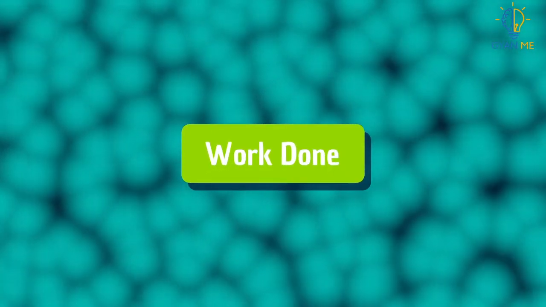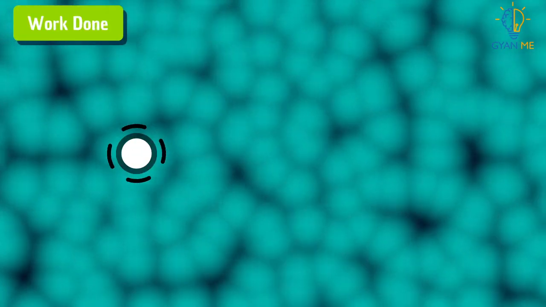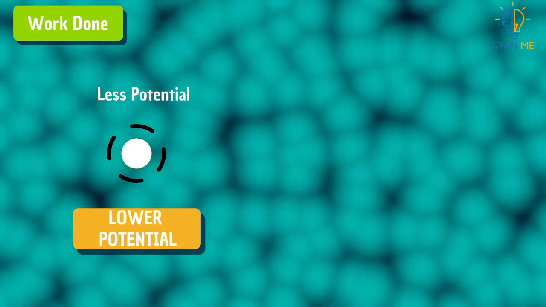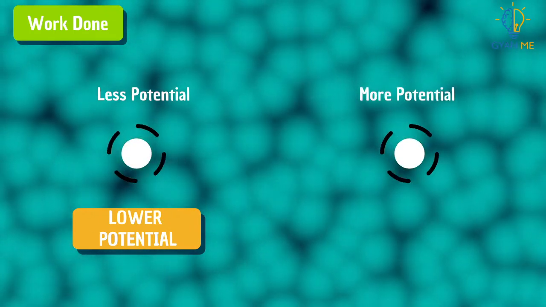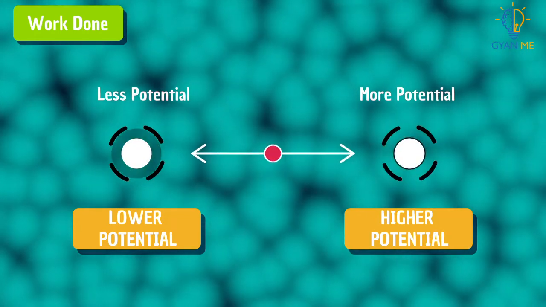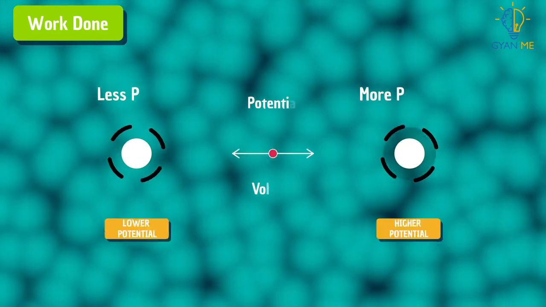Now let us understand potential difference in terms of work done in detail. As you know, the point at which unit charge has less potential energy is called lower potential. In a similar way, the point at which unit charge has more potential energy is called higher potential. The electric potential difference between these 2 points is called potential difference or voltage.